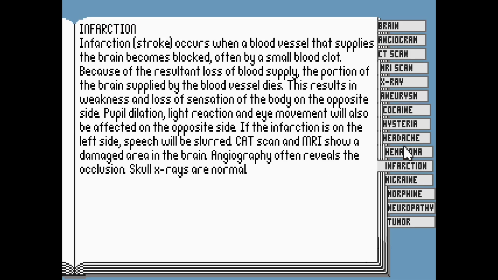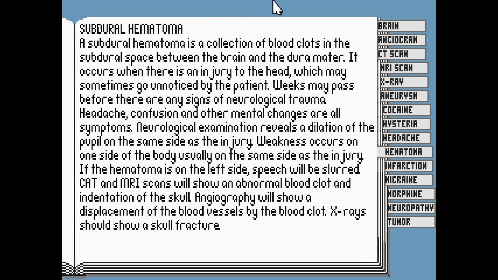So it can't be an infarction. Hematoma. You just have to read through. And, hey, weakness occurs on one side of the body, usually on the same side as the injury. If the hematoma is on the left side... But the scans looked okay, didn't they?